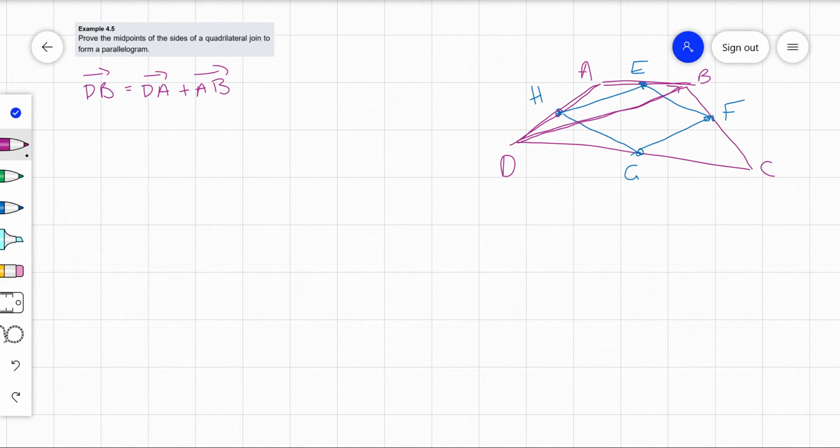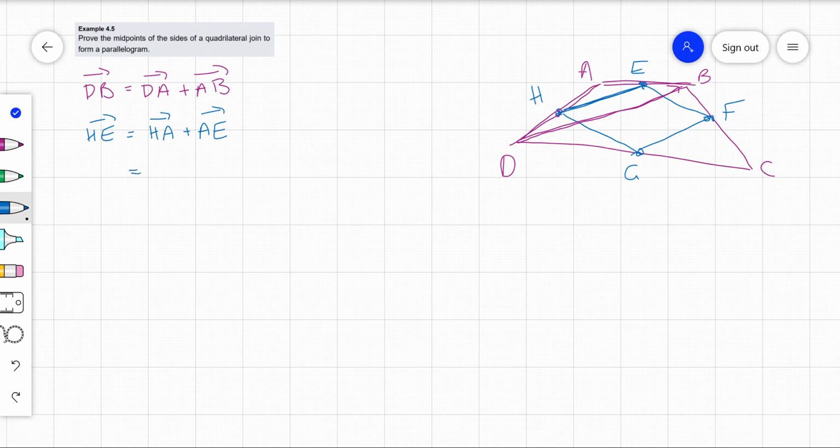So now let's look at HE. Remember, we're trying to show that HE is a scalar multiple of DB. So let's have a look at HE. The long way round for HE would be HA plus AE. What do we know about HA?